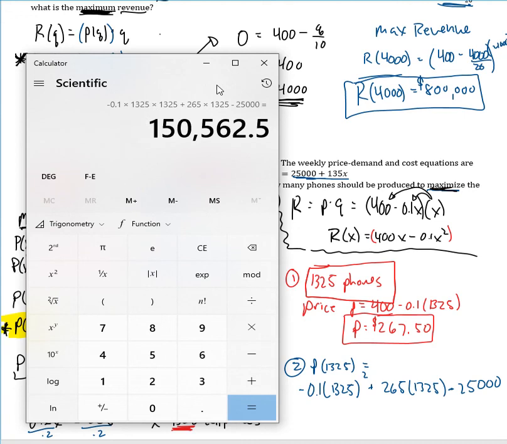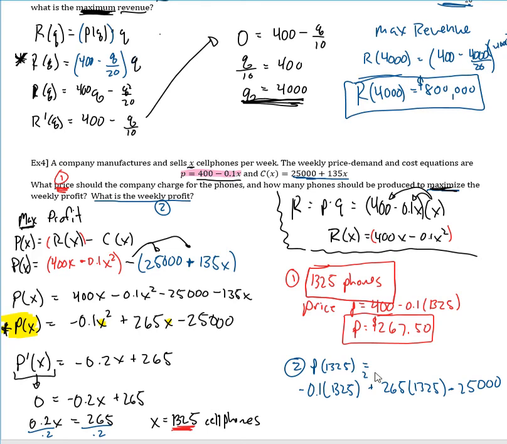And it gives us $150,562.50. All right, so we found it. So our profit, I'm going to write it as profit in words, is equal to $150,562.50. There we go.